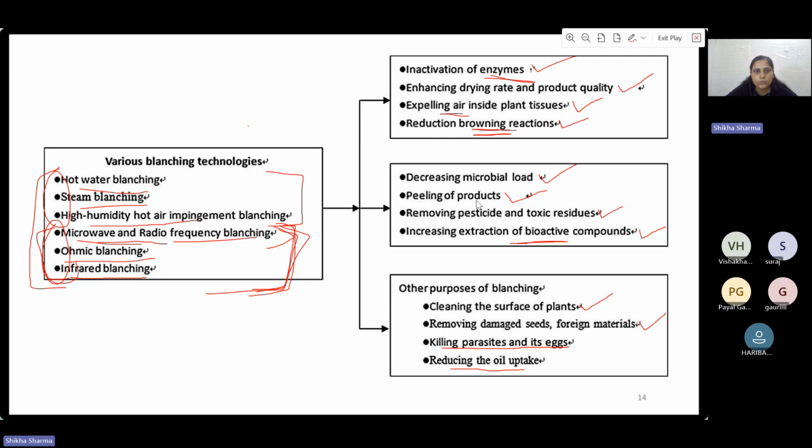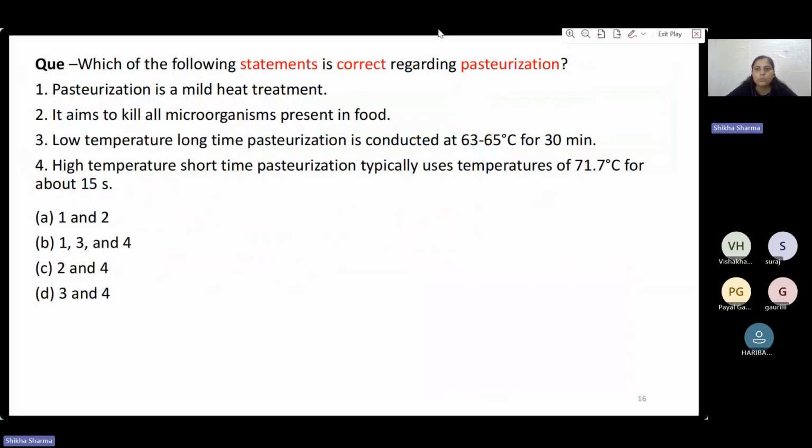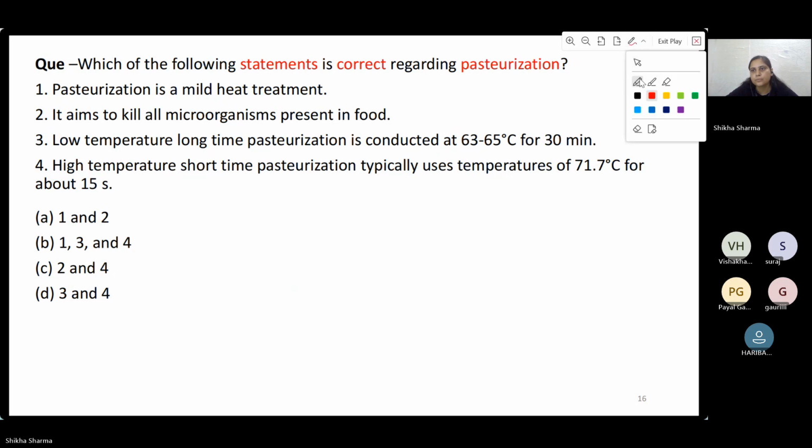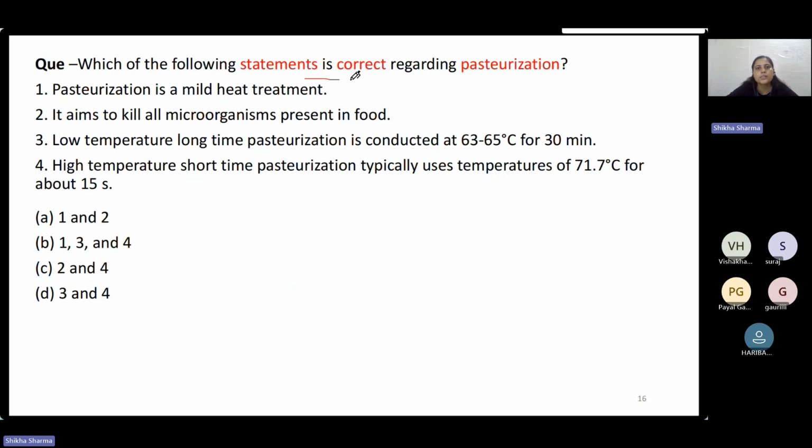Okay, let's move to pasteurization, if no more questions. Which of the following statements is correct regarding pasteurization? First, pasteurization is a mild heat treatment.